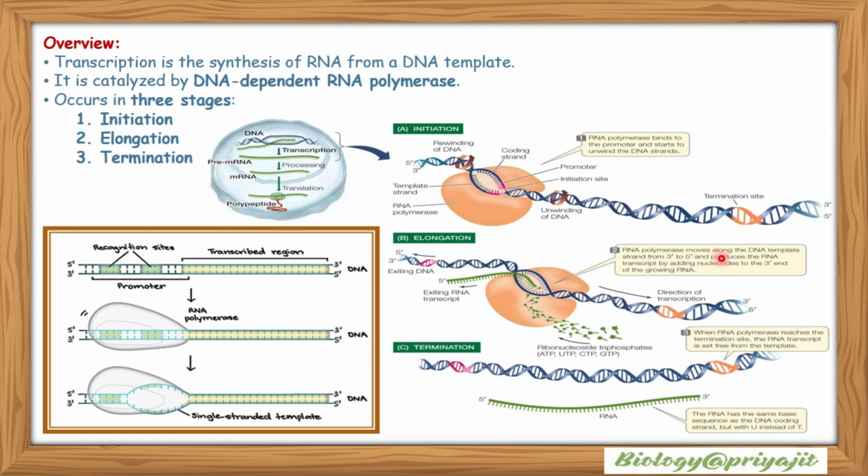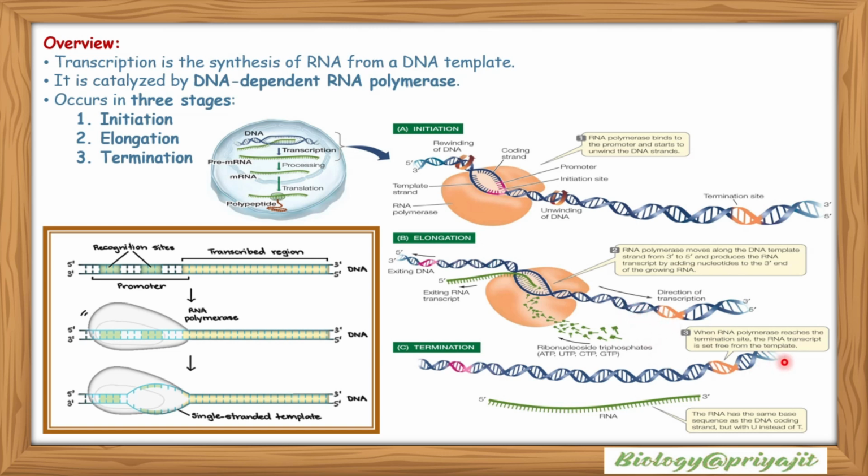RNA polymerase moves along the DNA template strand from 3' to 5', and correspondingly the RNA is transcribed in the 5' to 3' direction by addition of nucleotides to the 3' end of the growing RNA. So this is the summary of the elongation process.